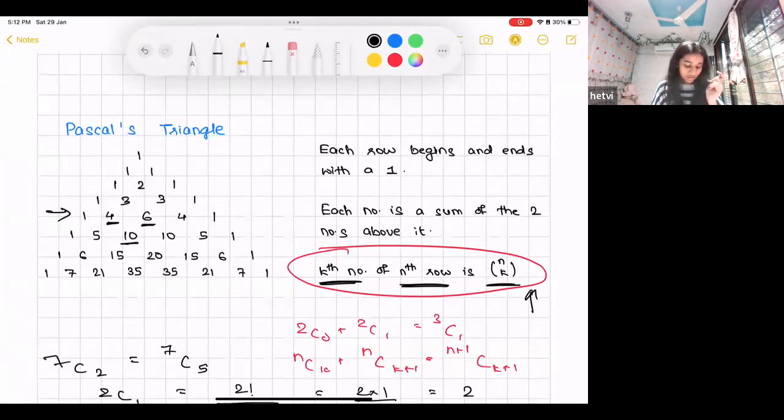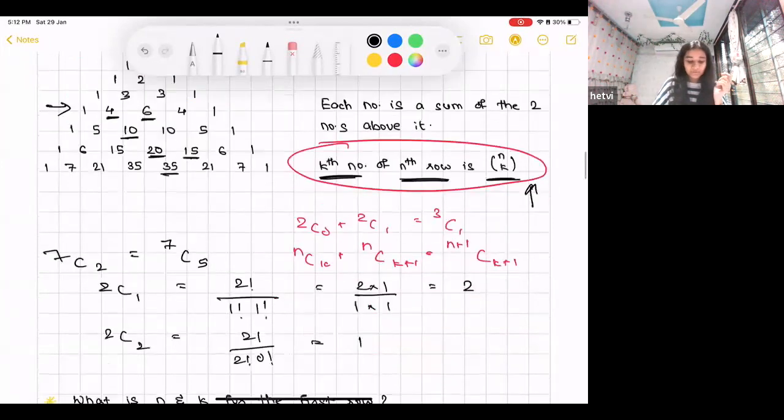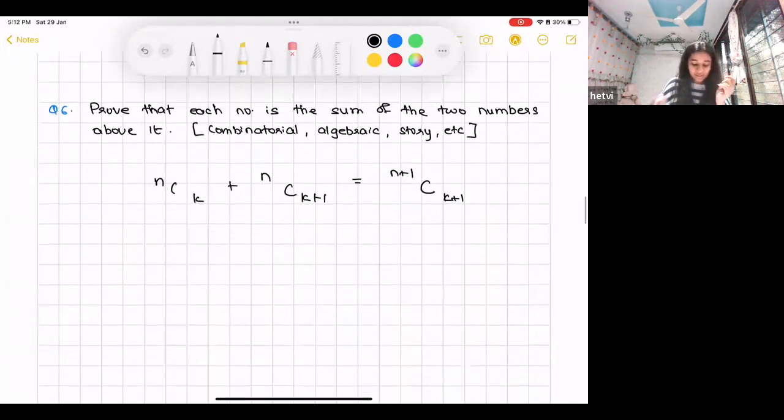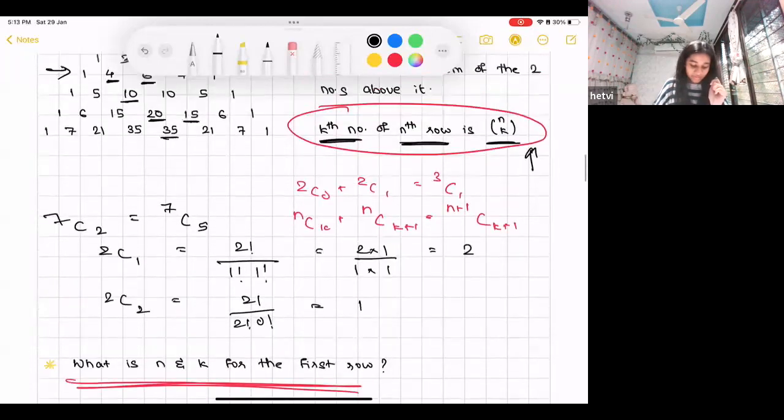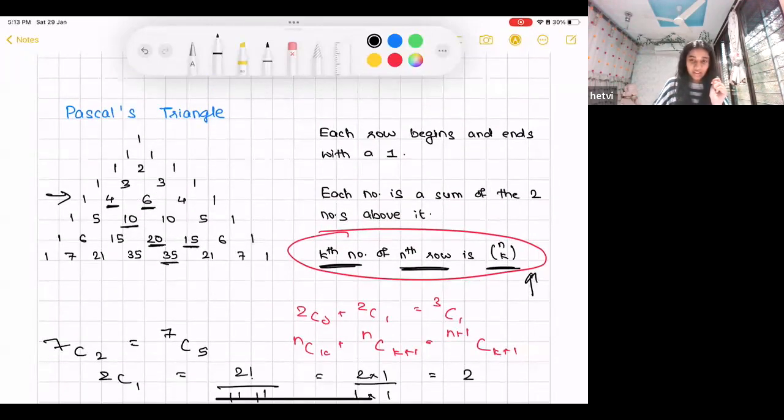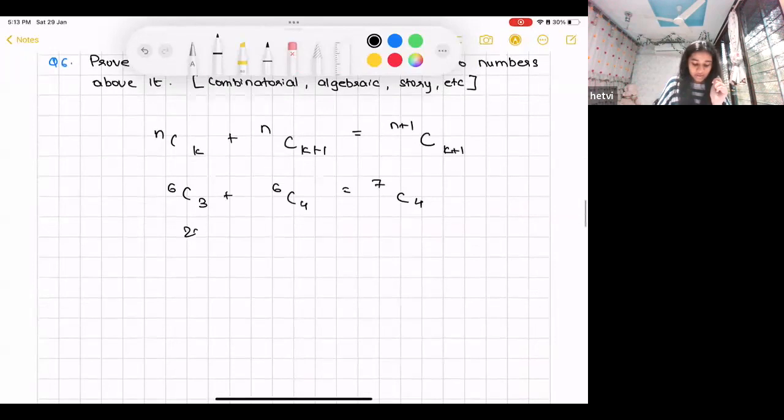This is 6C3 plus 6C4 gives us 7C4. This is our question. Let's try to prove this, then we'll go to the generalization. 6C3 is 20, 6C4 is 15, and 7C4 is 35, just for reference.